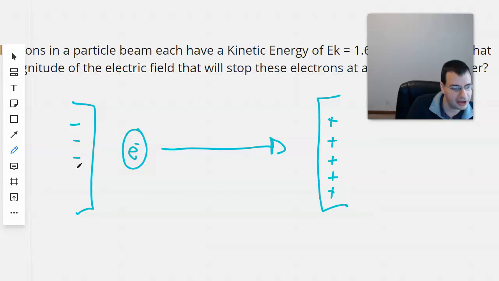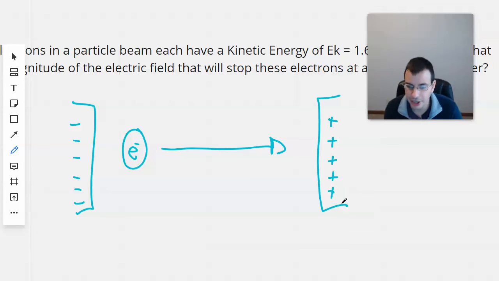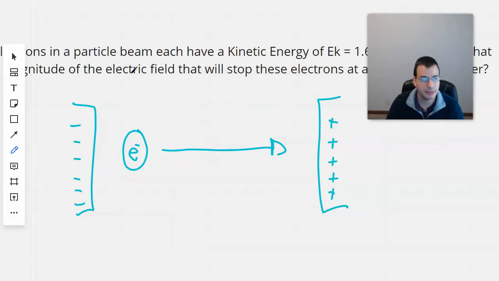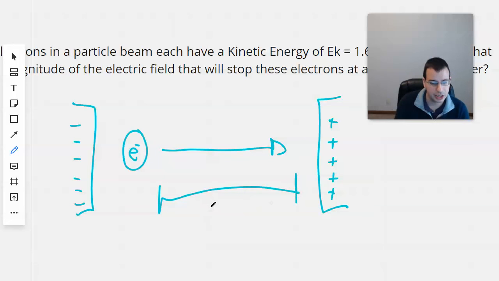So if we have a parallel plate of positive charges over here and a parallel plate of negative charges over here, the electron will eventually slow down and then change directions. And it's asking us the magnitude of the electric field. I'm going to assume a uniform electric field here that will cause these electrons to stop. And it's telling us that this distance right here is 1 meter.